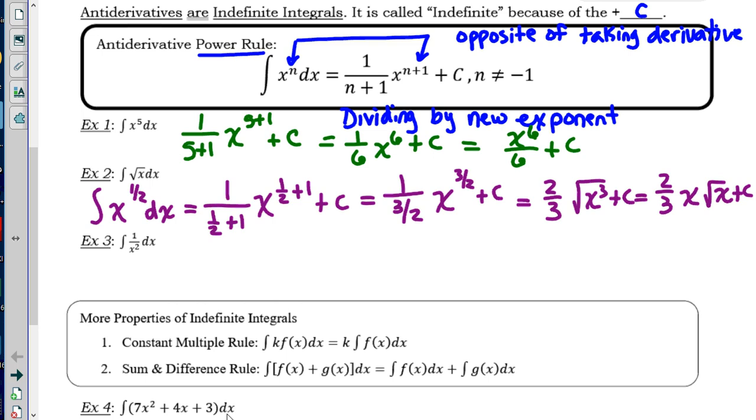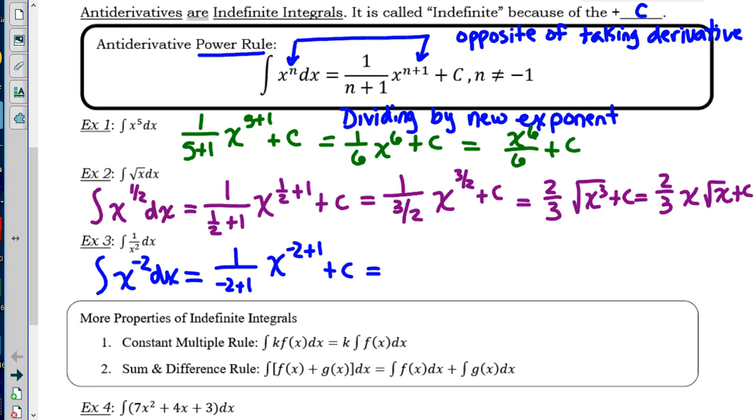The next one does have an exponent, however, it's not written calculus friendly yet. So I need to rewrite that so I don't have anything in a denominator, so that will be x raised to the -2. And again, I'm just following my rule, just adding 1, no matter what that exponent is. And then from there, I am simply simplifying.